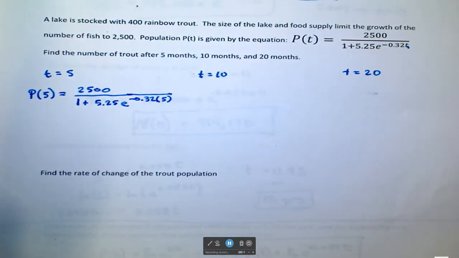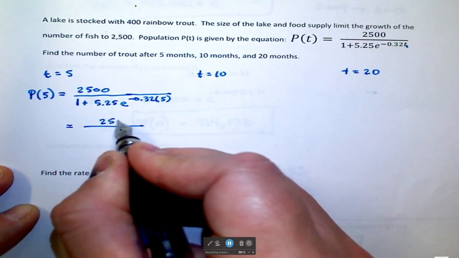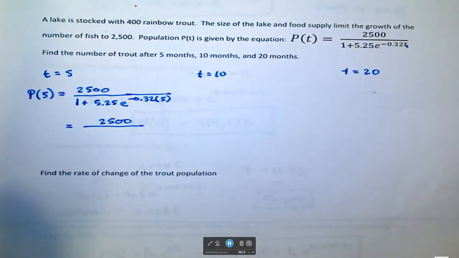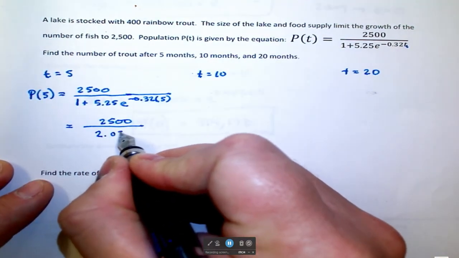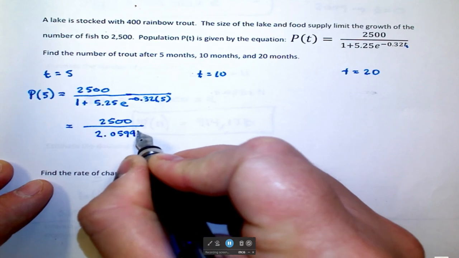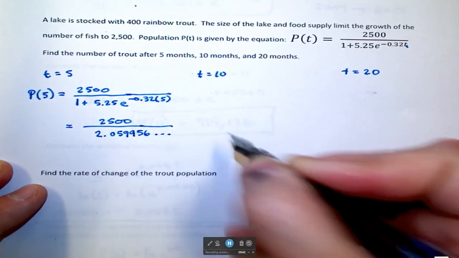The way I like to do these problems is to work the bottom first. So I take 5.25 times e to the negative 0.32 times 5, and then add 1 to that, and I get 2.05995, and there's more, but that's plenty.